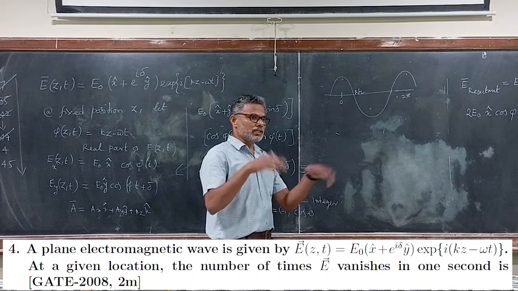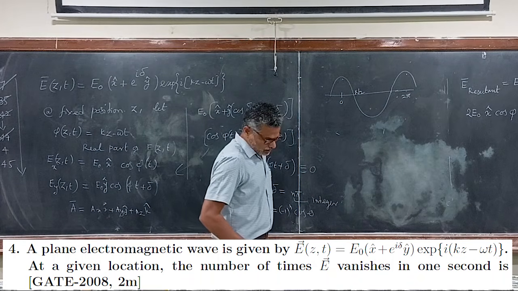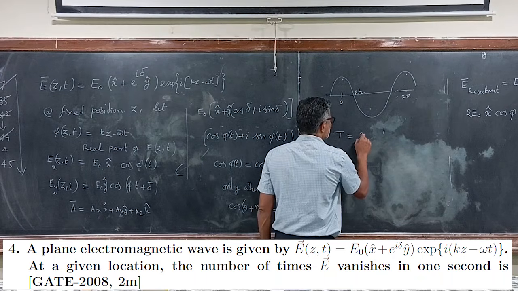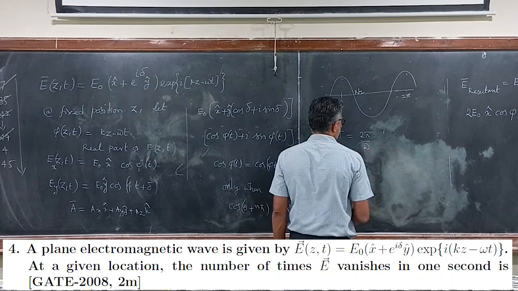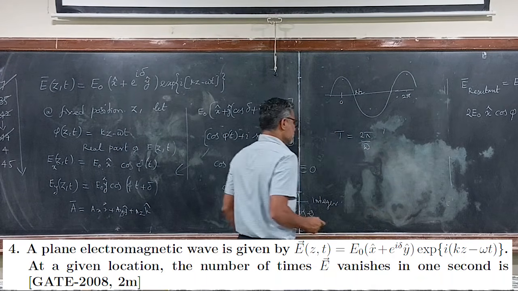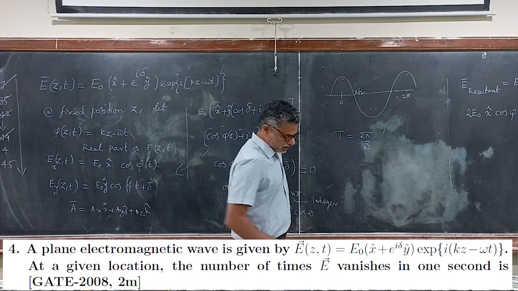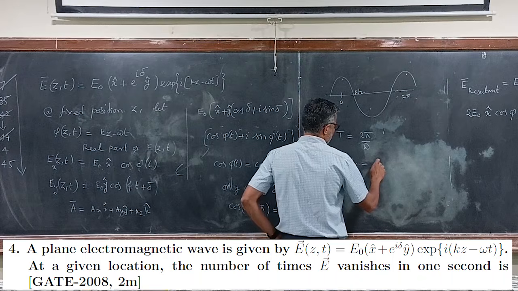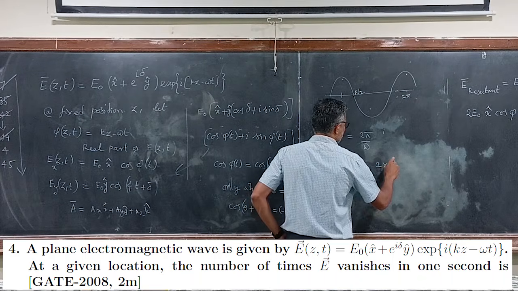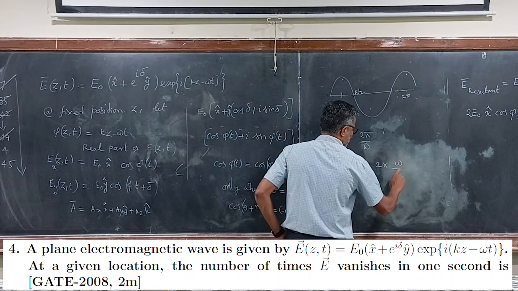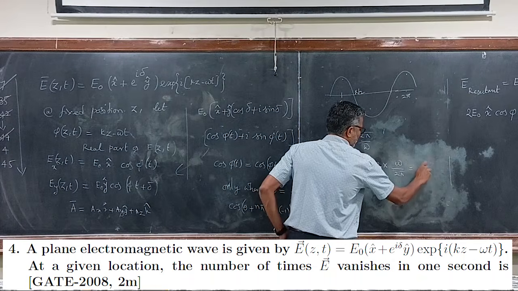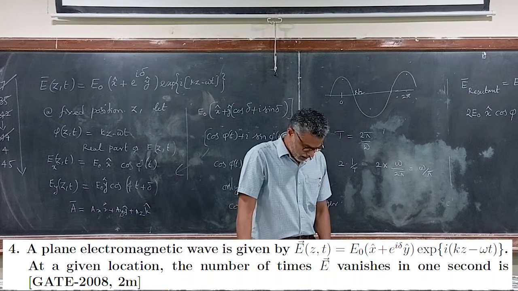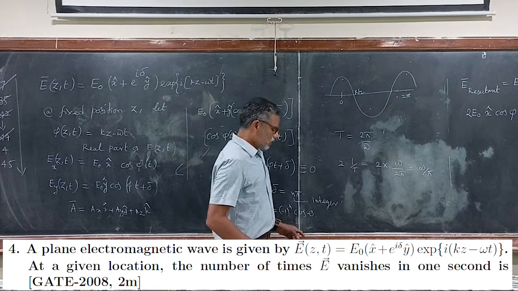That means in one cycle, twice it vanishes. So therefore, your time period T equals 2 pi by omega, where omega is the angular frequency. And then in 1 second, 2 into 1 by T will be equal to 2 into omega divided by 2 pi. So twice in every cycle, in 1 second that will become omega by pi.